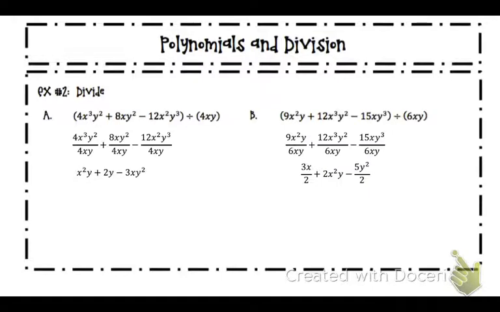X cubed divided by x is x squared. Y squared divided by y is y. The last one, 15 divided by 6 reduces to 5/2. X divided by x cancels. Y cubed divided by y, you're left with y squared. Okay? Oh, and you can also rewrite that as 3/2 x plus 2x squared y minus 5/2 y squared. I'm good with either way though.